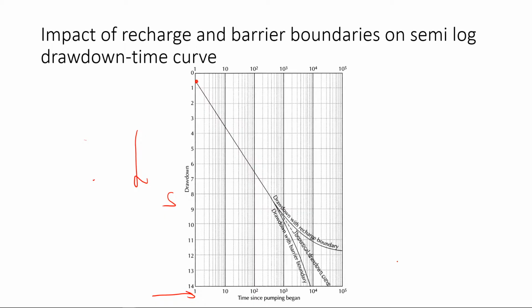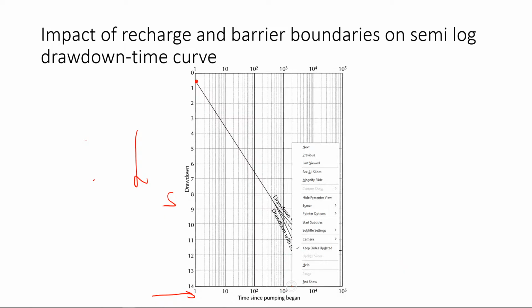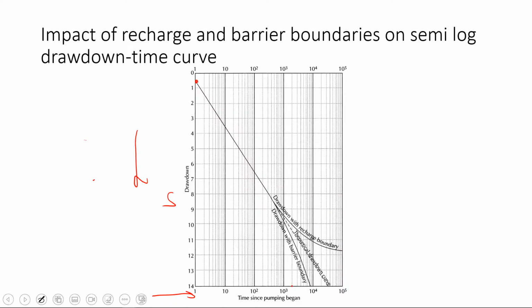So for example, let's look at this time step, after 300. At this time step, the drawdown here with recharge is about 10 meters. The theoretical one is about 11 meters, while for this one it's about 11.5 meters.